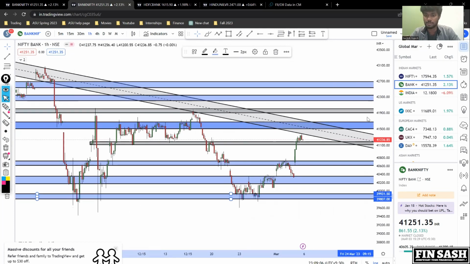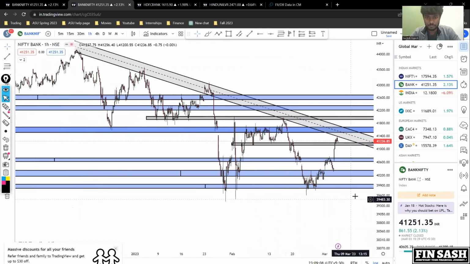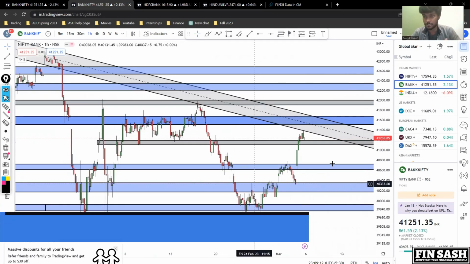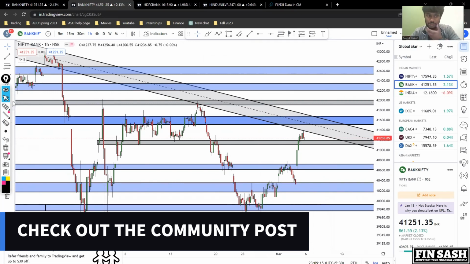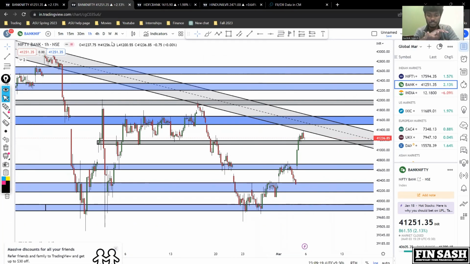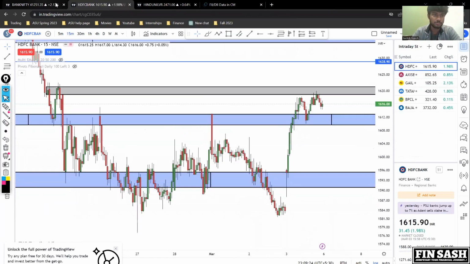So yeah. And again, if the levels are not clear, I'll be mentioning it in the community post, so you guys can check that out. So that's it for Nifty and Bank Nifty. Let's move on to some intraday stocks.